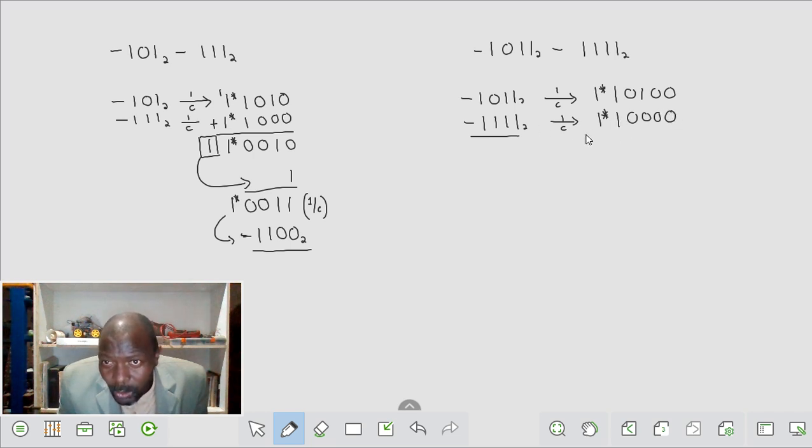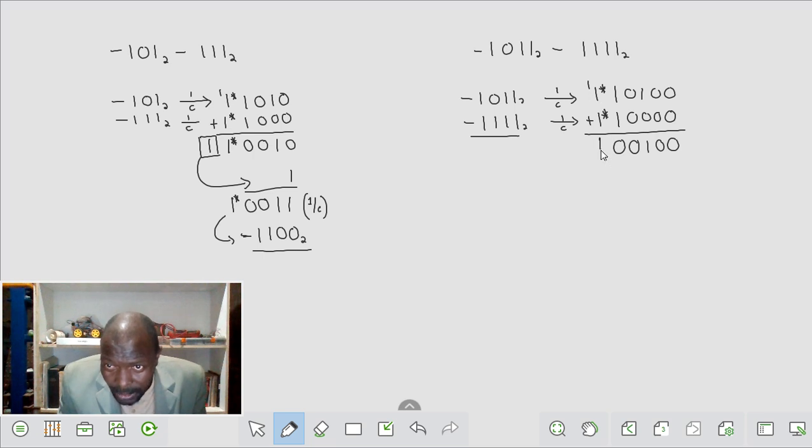So what do we then do? We add. This is going to be 0. This is going to be 0 again. This is going to be 1. This is going to be 0. This is going to be 2. Yes, we can add with the sign bit.